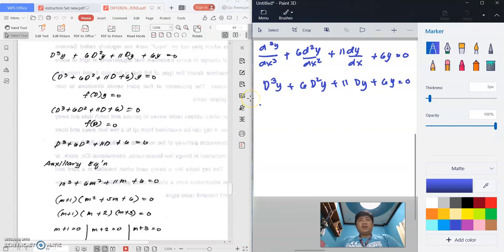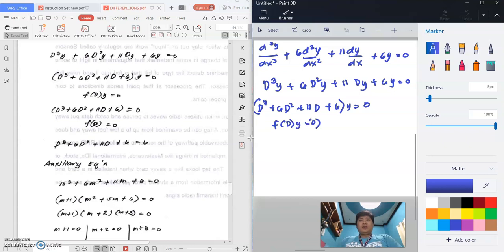So factor this one, you have d cube plus 6d squared plus 11d plus 6 times y equals 0. So that is your f of d times y equals 0.